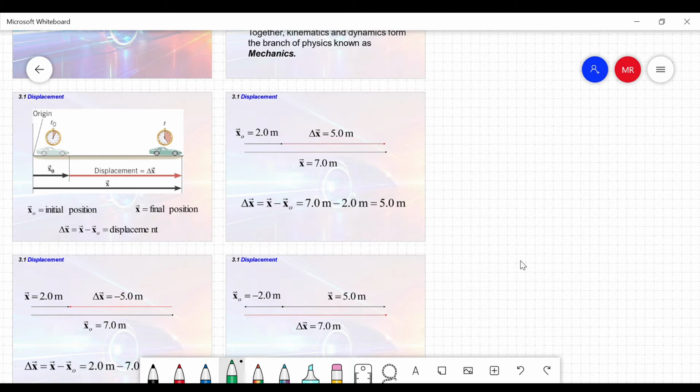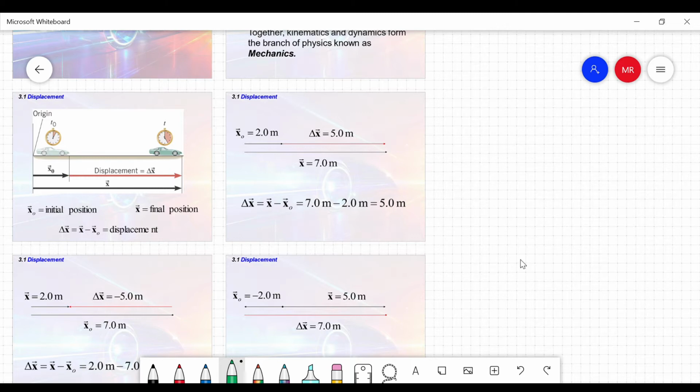Okay, because displacement is a vector quantity. So, kinukonsider natin ngayon ang direction. Kaya nga on our previous lesson, kapag pinag-uusapan natin ang vector, nag-a-assign tayo ngayon ng convention, ng sign convention. If it is positive or negative, depende sa direction.